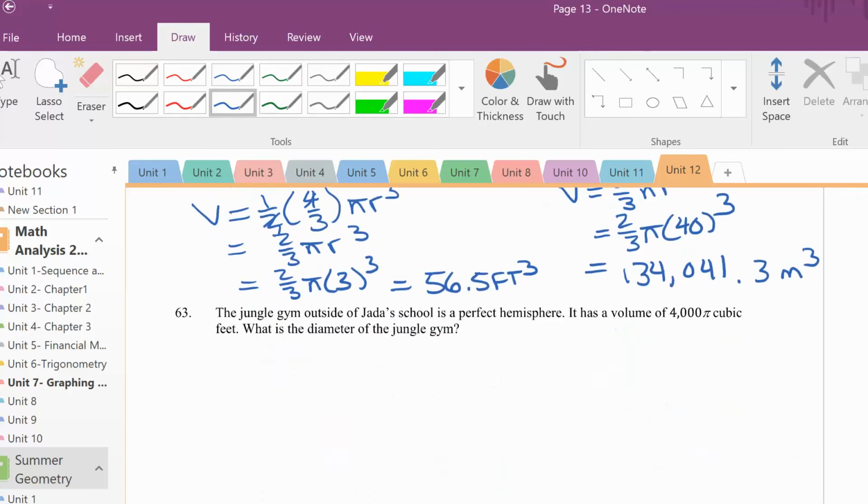All right, so here it says the jungle gym outside of Jada's school is a perfect hemisphere. It has a volume of 4,000 pi cubic feet. What is the diameter? Well, remember volume of a sphere is 4/3, for a hemisphere it's 2/3 pi r cubed.